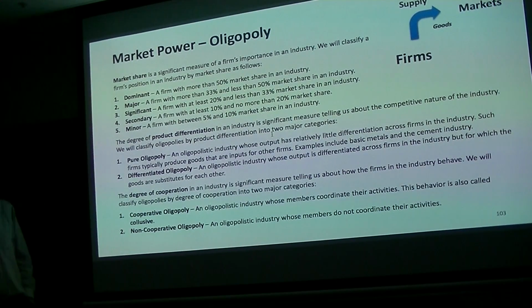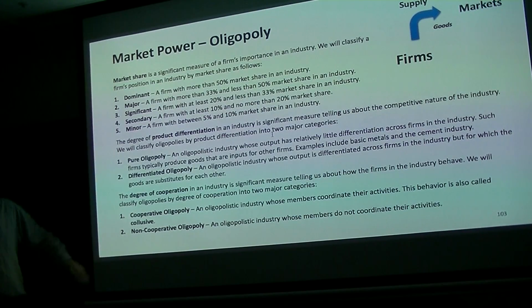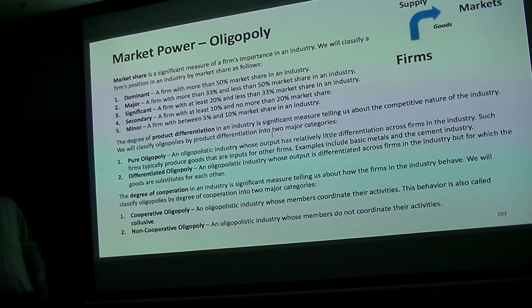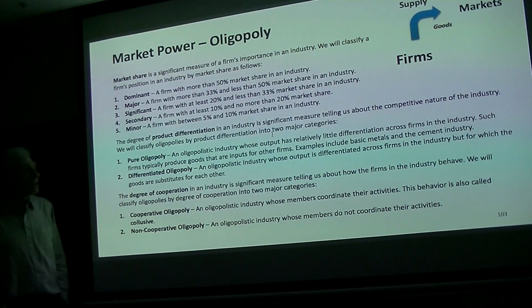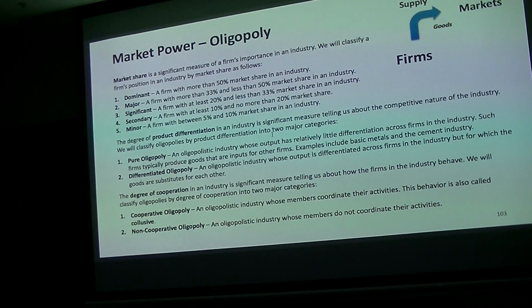So the degree of cooperation tells whether they behave cooperatively. In a cooperative oligopoly, members coordinate their activities, and we also call that, as I mentioned earlier, collusive behavior. They collude, they work together to set prices, essentially operating as a monopoly.